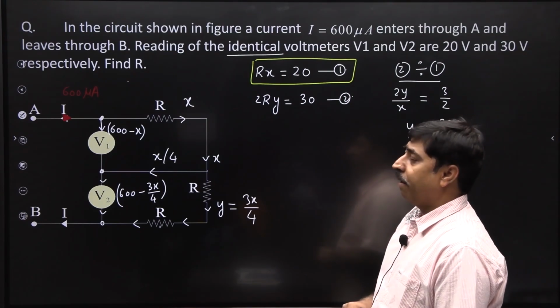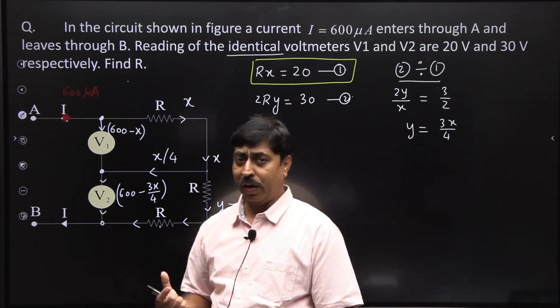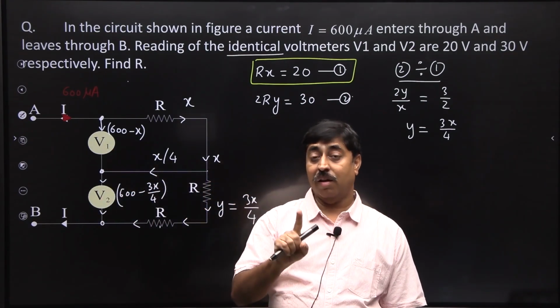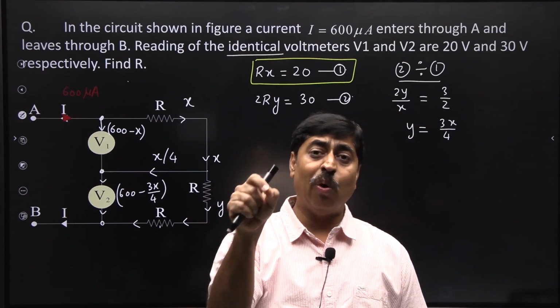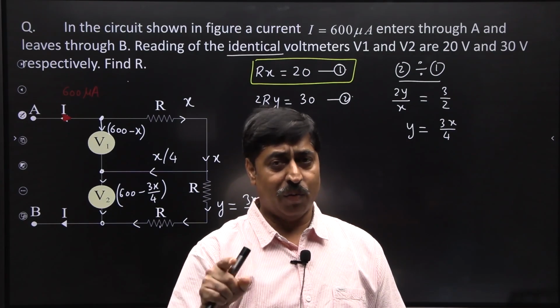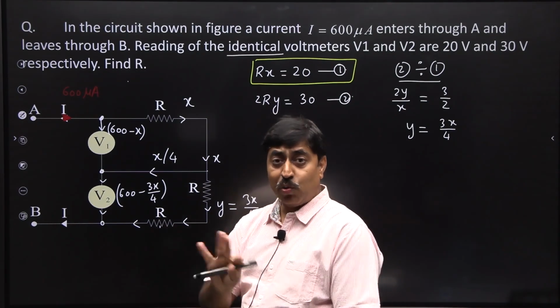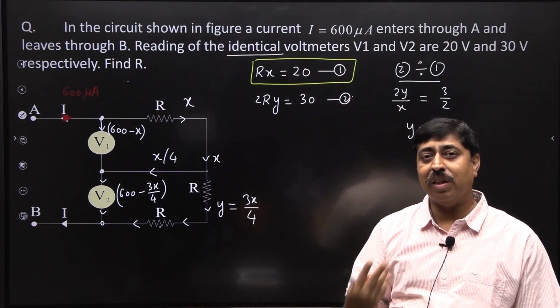Look, the another equation can be created just by the knowledge that both these voltmeters are identical. Till now we have not used this given fact that both the voltmeters are identical, which means both the voltmeters are having same resistance. We have not used this fact anywhere. So, this fact given in the question is unused.